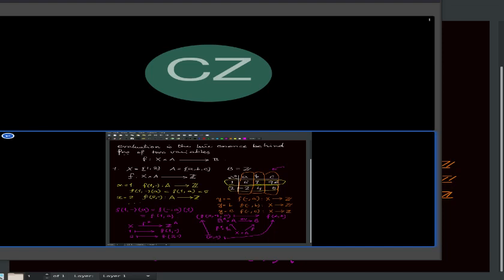We carry on with the next section, which is 5.1. Okay, surjections. So do you have the notes with you? Yes, Doc, we have. Okay, so if you open this part.